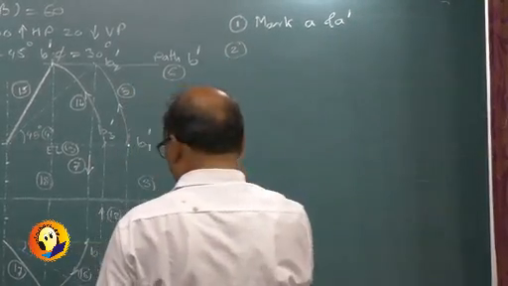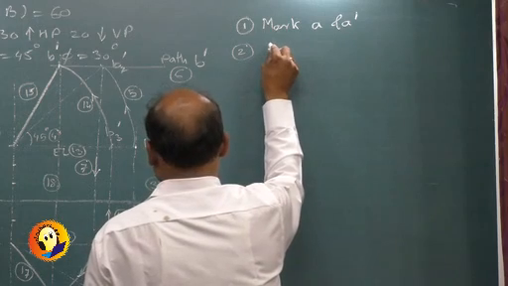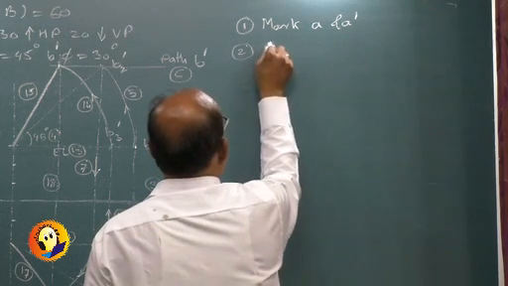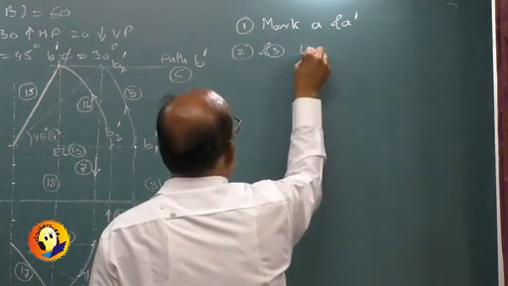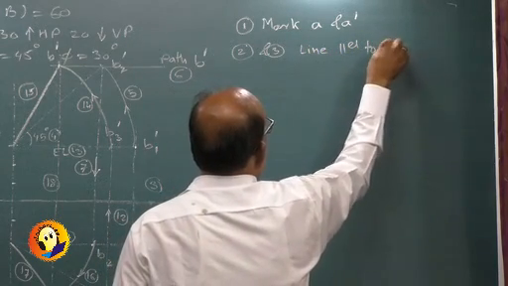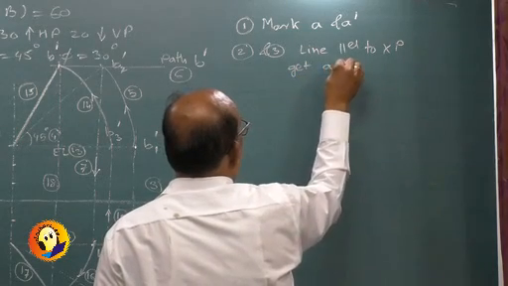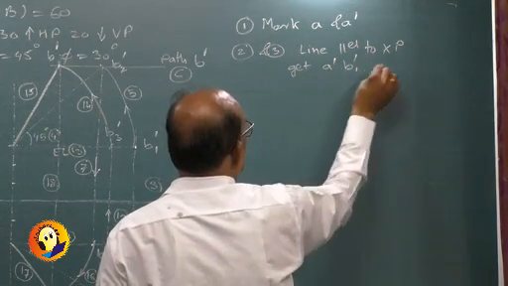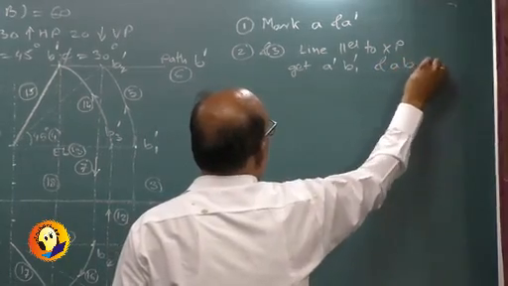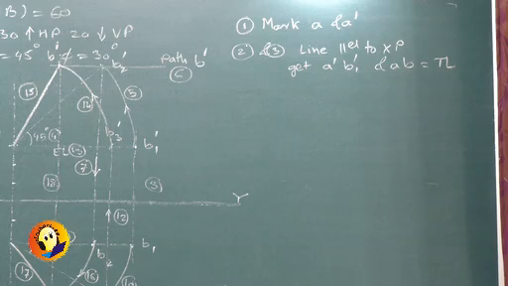Step number 2. And 3. Line parallel to XY, get A dash, B1 dash and AB equal to true length is step number 2 and 3.